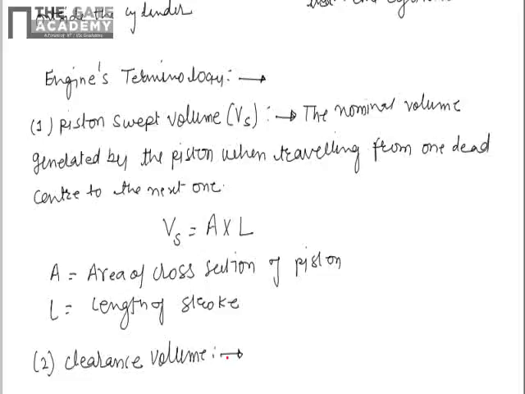It is the clearance between the piston top and the cylinder when it is at the extreme dead center. It is denoted by Vc.